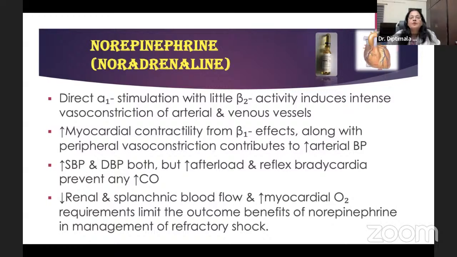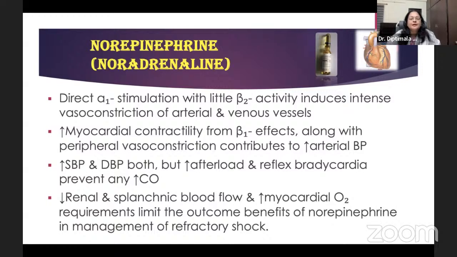So remember noradrenaline. This has direct alpha-1 stimulation with little beta-2 activity, which induces intense vasoconstriction of arterial and venous vessels. Increase in myocardial contractility from beta-1 effects, along with peripheral vasoconstriction, contributes to increase in arterial blood pressure.